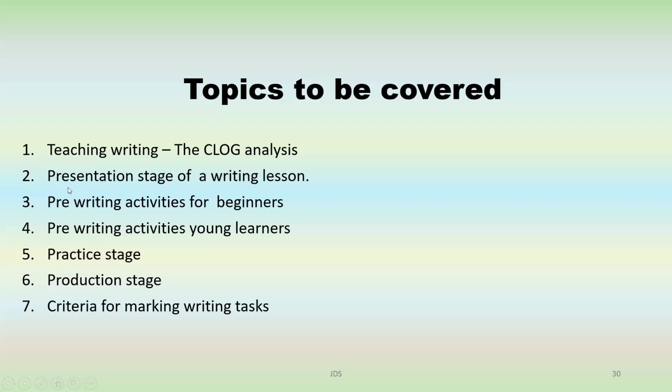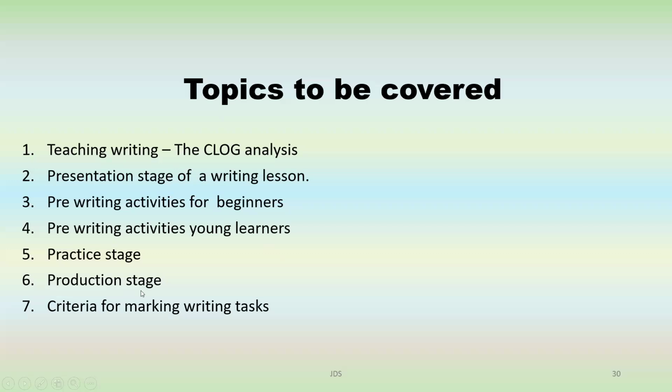Then we will be discussing the presentation stage of a writing lesson, how to initiate a writing lesson, and also how to present any kind of writing task or the teaching component related to a writing lesson. Then you have the pre-writing activities for both categories, for the beginners as well as for the young learners.